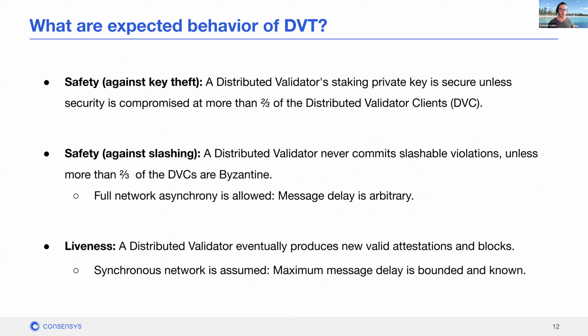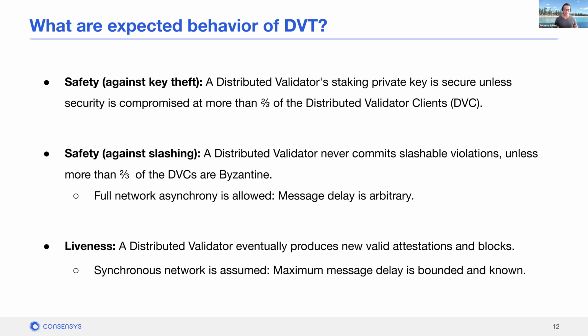Now let's look briefly at the expected behavior of the distributed validator technology protocol. We have a property about safety. So again, when we speak about safety in general, we want to say something bad never happens. That's the high-level concept. So one property that is important for the distributed validator technology protocol is that a distributed validator staking private key is secure unless security is compromised at more than 2/3 of the distributed validator clients.